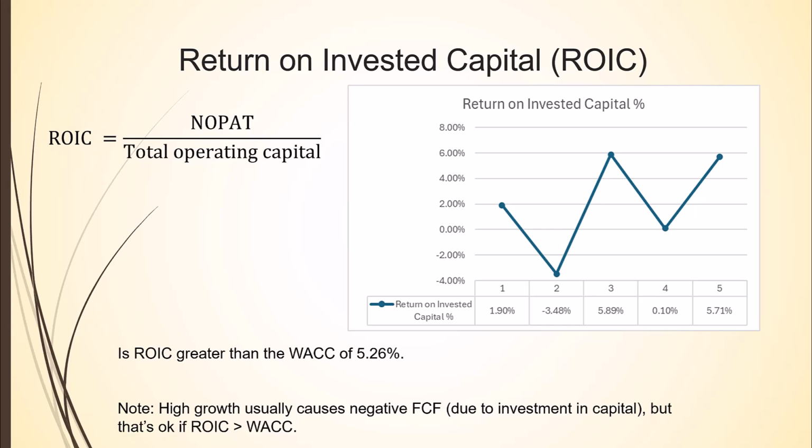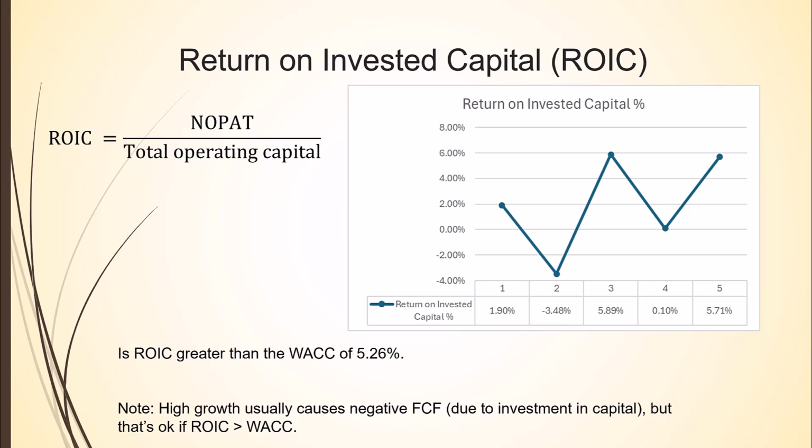So ROIC measures, again, how efficiently the company uses its capital to generate returns. It's compared against this weighted average cost of capital. If ROIC exceeds the weighted average cost of capital, the company is creating value. So Molson Coors, for example, aims for an ROIC greater than its weighted average cost of capital of 5.26%.